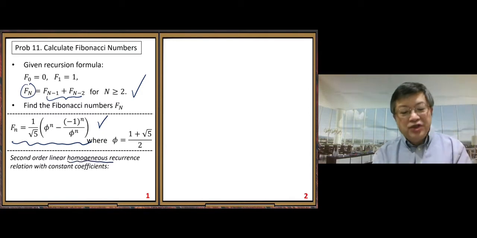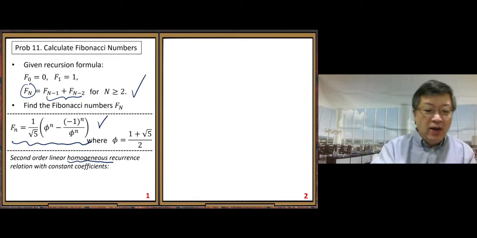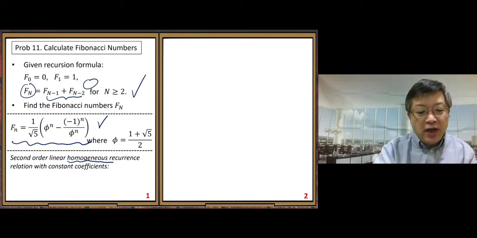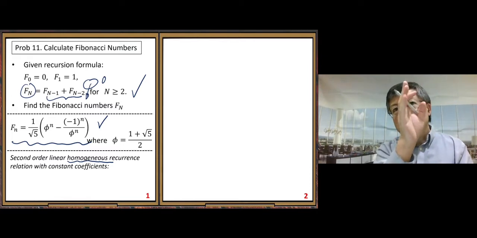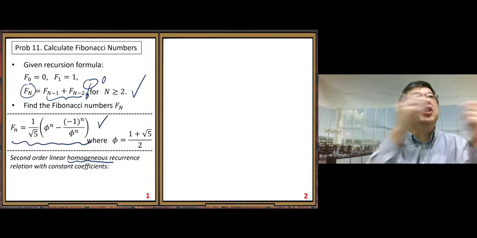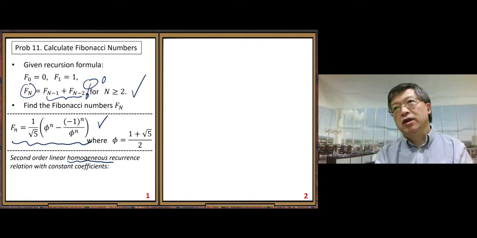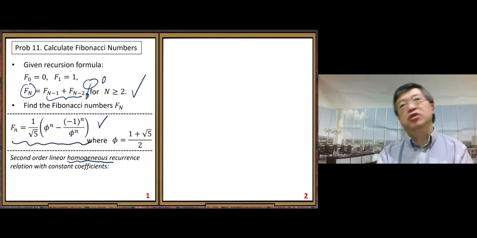What is the meaning of homogeneous? Because here there is no constant: Fn minus 1 plus Fn minus 2, and then the constant part is 0, nothing. If there is no constant term, we call it a homogeneous equation. If there is a constant, non-homogeneous.